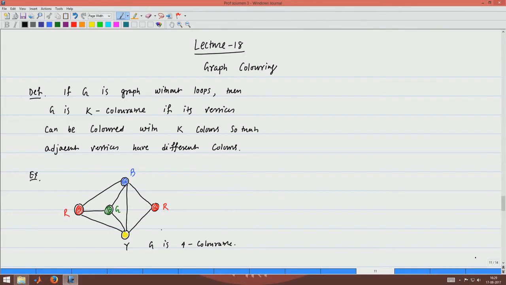Okay, then the question is, can we color this graph with less than 4 colors? Is it possible to color this graph with 3 colors? That we will check.